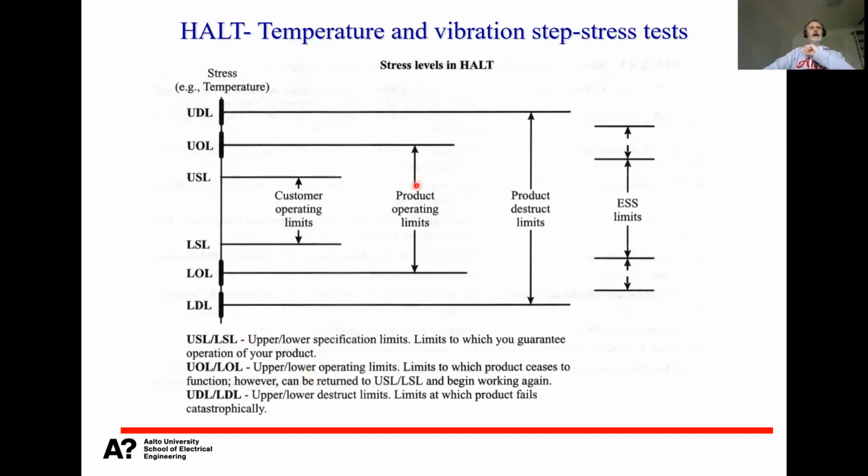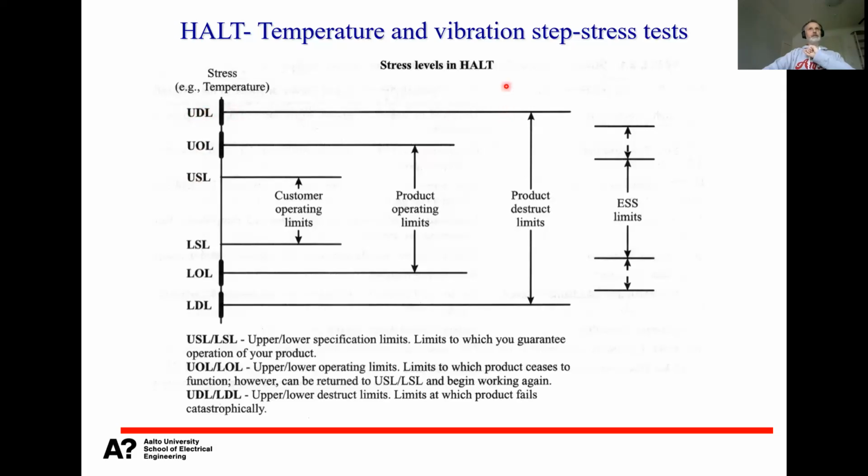Okay, so basically now we defined operational limits, and then quite obviously we have the destruction limit. So if this was 80 degrees centigrade, this is 100 degrees centigrade, then maybe the upper destruction limit could be 120 or 140 degrees centigrade. So that means that we have a permanent failure.